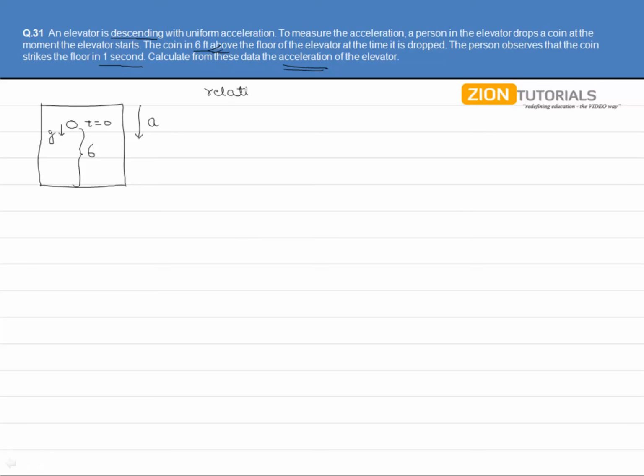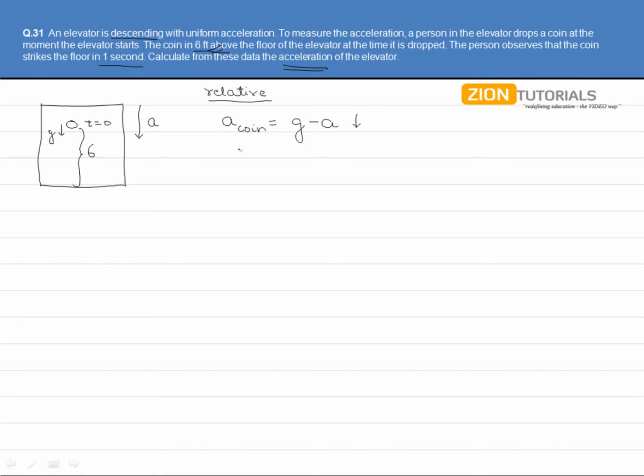If we consider the coin with respect to this elevator, then the relative acceleration of the coin will be g minus a downwards.